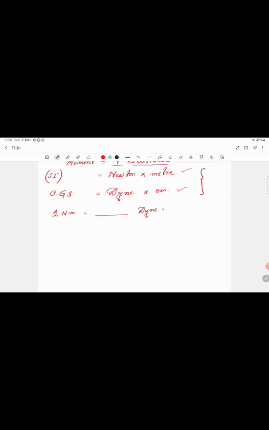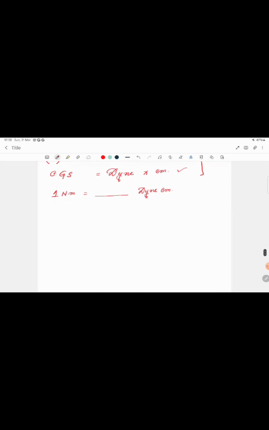This is a common question for 1 mark or 2 marks. 1 Newton meter equals 1 Newton into 1 meter. 1 Newton means 10 to the power 5 dyne, and 1 meter means 100 centimeter.